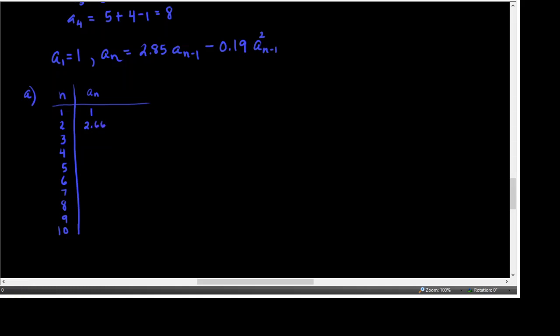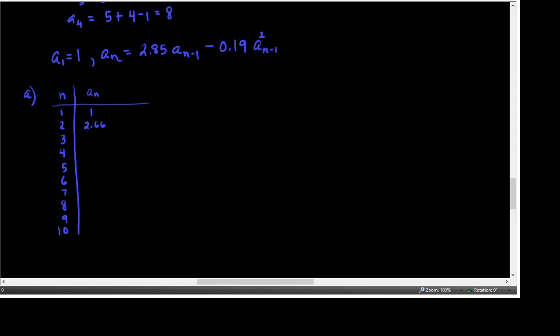Okay, then a sub 3 is going to be 2.85 times our last answer. So take the last answer, 2.66, put it in for a sub n minus 1. So 2.85 times 2.66 minus 0.19 times 2.66 squared is about 6.236636.